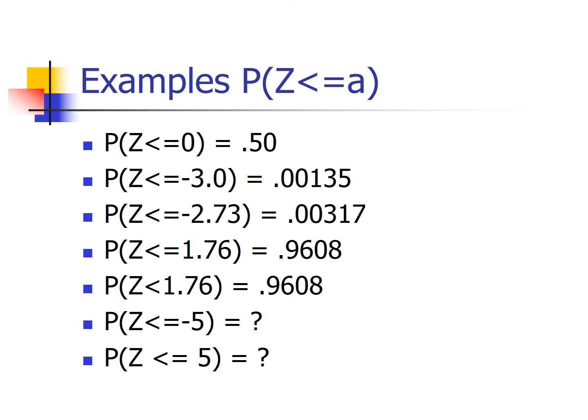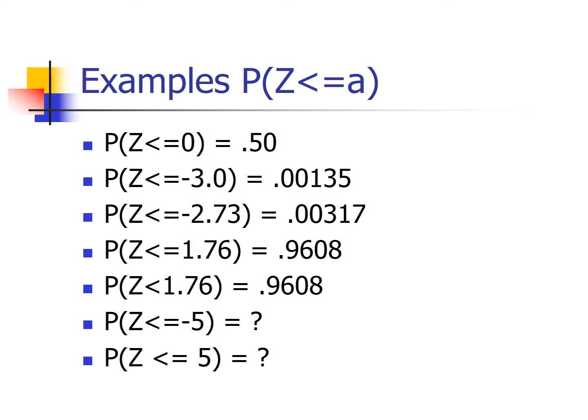Now, the next bullet point illustrates an interesting quirk, not just of the normal distribution, but of any continuous distribution. And that is, for any continuous distribution, the probability that z is less than or equal to some number, say 1.76, is the exact same as the probability that z is strictly less than 1.76. Because remember, probability is area, and in terms of that bell curve, just a single point, 1.76, has no area. So what does this imply?